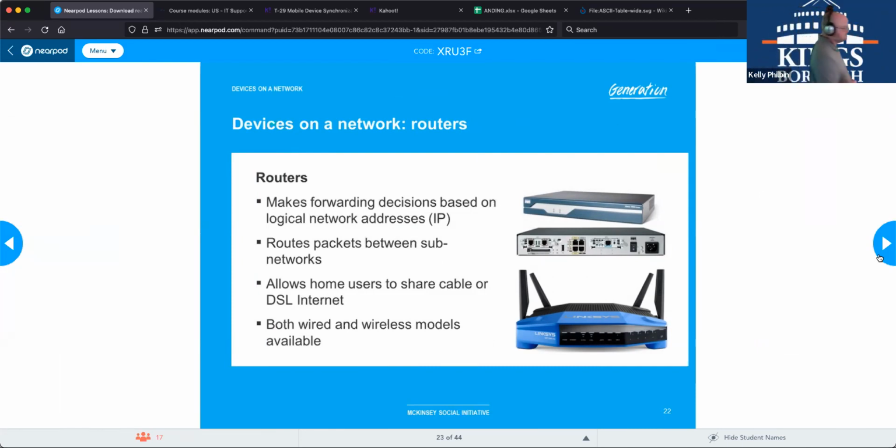What the router does is move things like packets of information between subnetworks. So it'll send it to a router next to it, that router sends it to another router, that router sends it to another router, and it will map its way to its destination. But this is happening again in milliseconds. And usually they have routing tables already on them that tell them who to communicate with depending on where the packets are going.